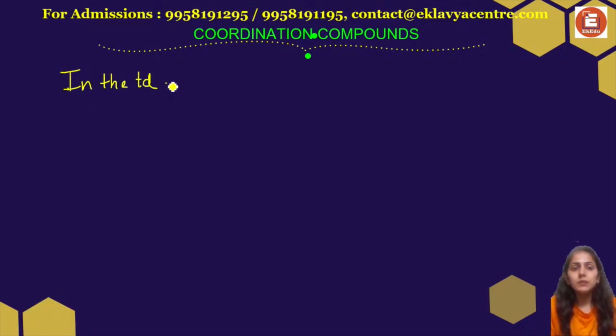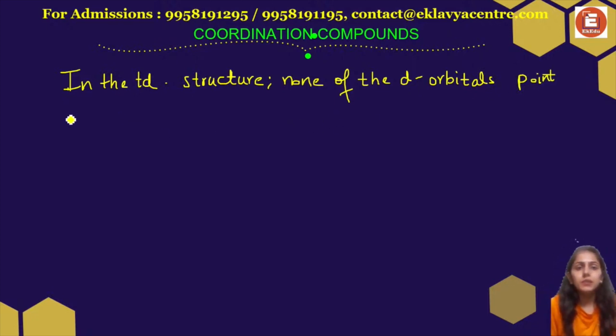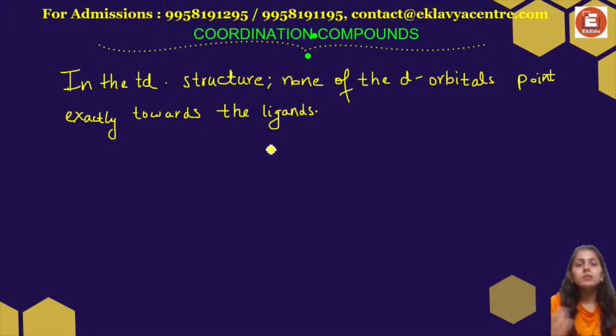In the tetrahedral structure, none of the d orbitals point exactly towards the ligands.